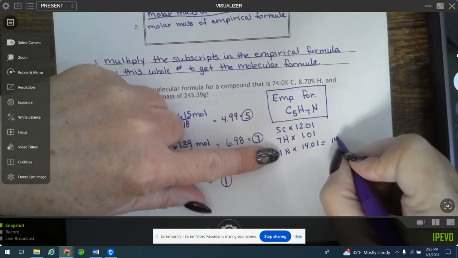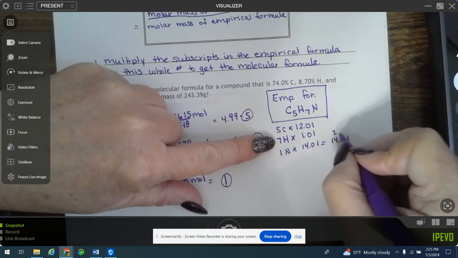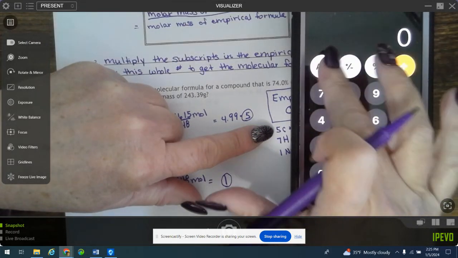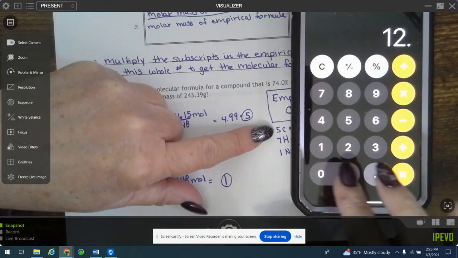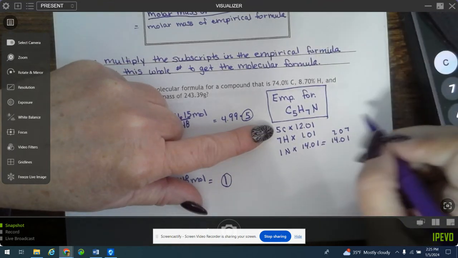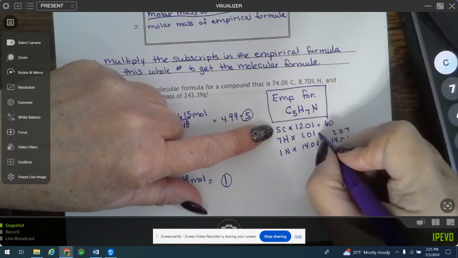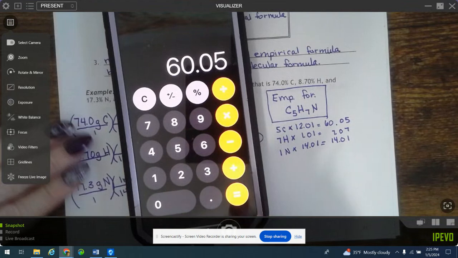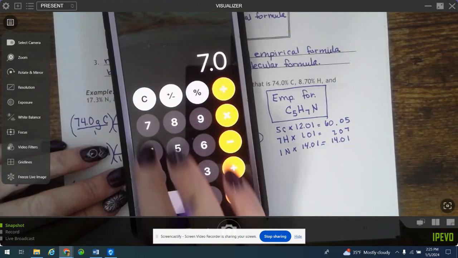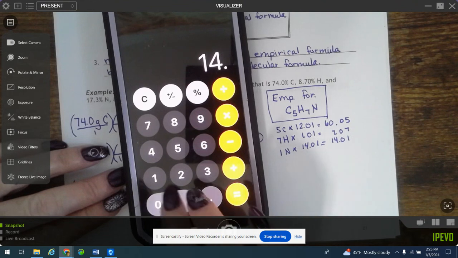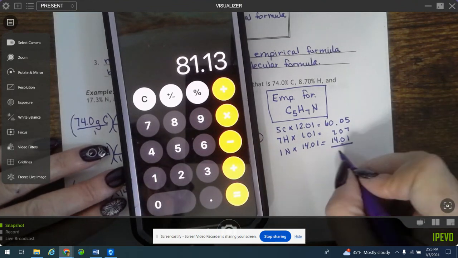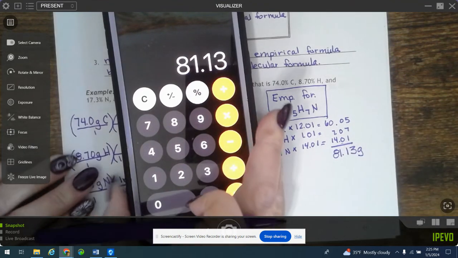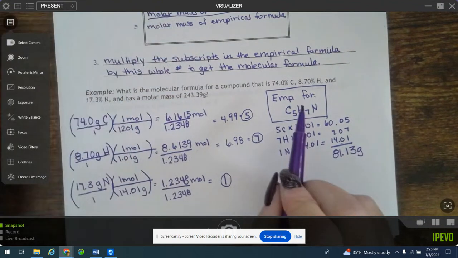So I've got 14.01, 7.07, and 5 times 12.01 is 60.05. Adding those all together, we have a mass of 81.13 grams. That's the mass of our empirical formula.